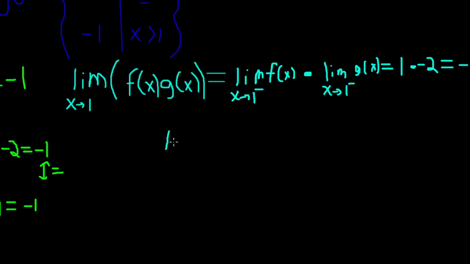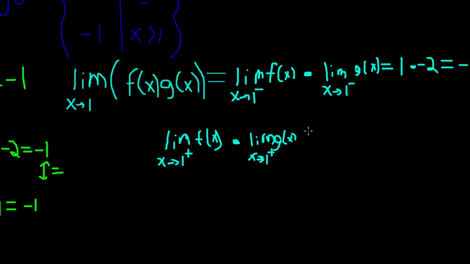Now we're going to do the same thing down here, but with the other one-sided limit. So limit of f of x as x approaches 1 from the right, times the limit of g of x as x approaches 1 from the right.